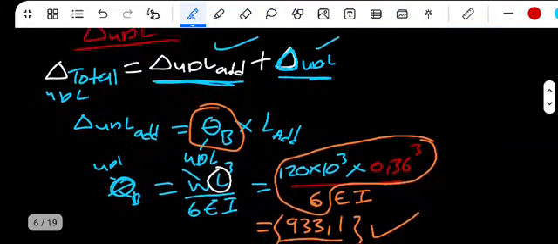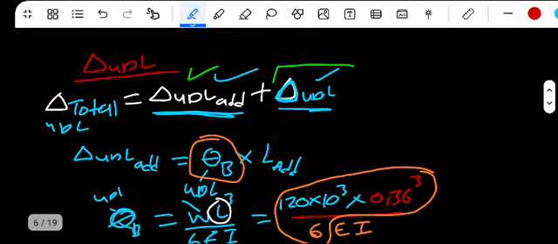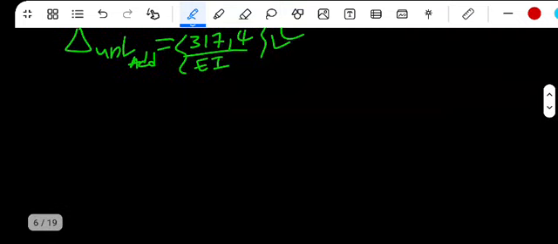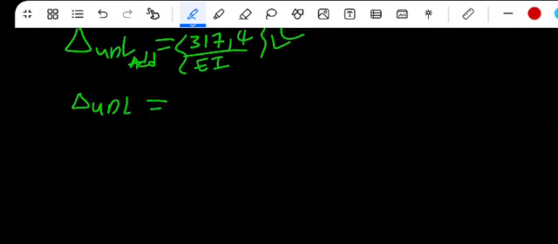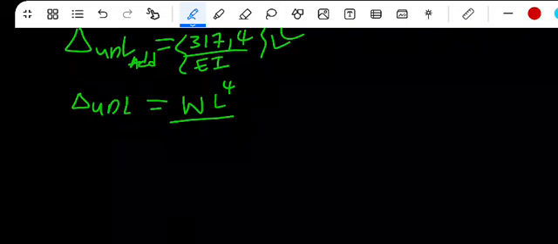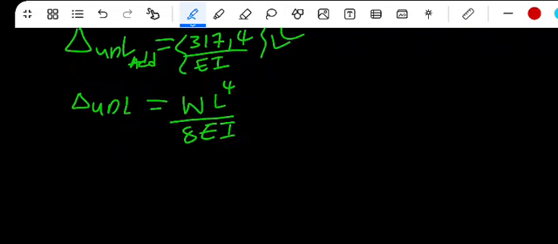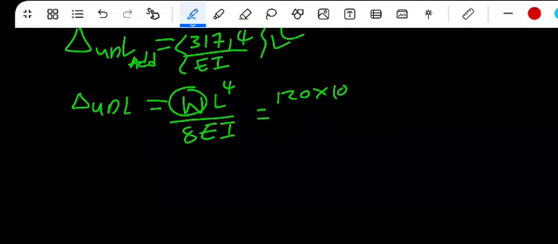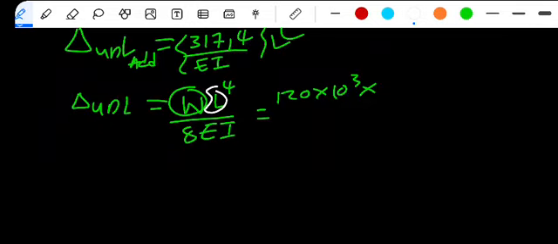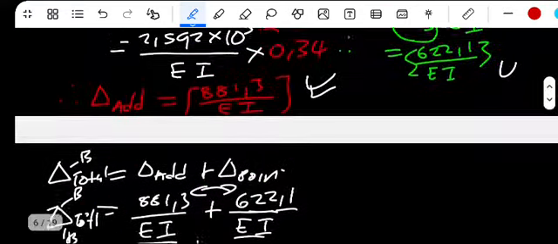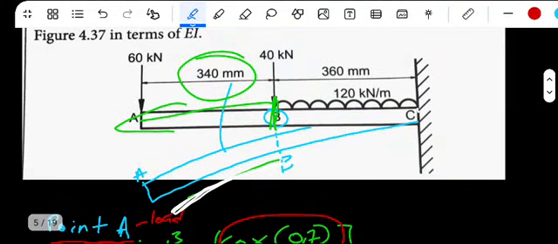Then what we left is the exact UDL, not the additional. For the exact UDL, it will be W times the length raised to the power 4 divided by 8EI. We know this was 120 times 10 to the power of 3, but now this is the exact length, just the spread of the UDL. The spread of the UDL is 360, as you can see.